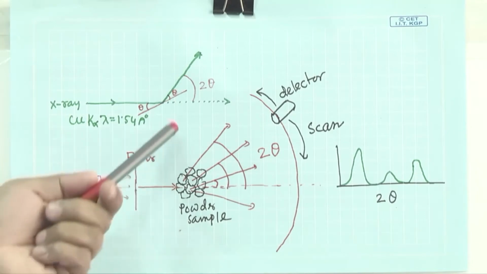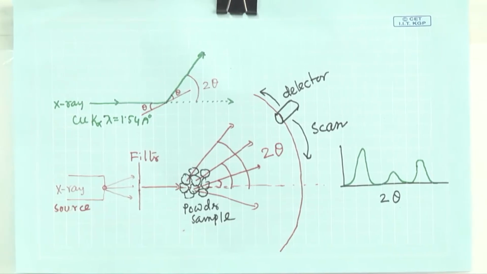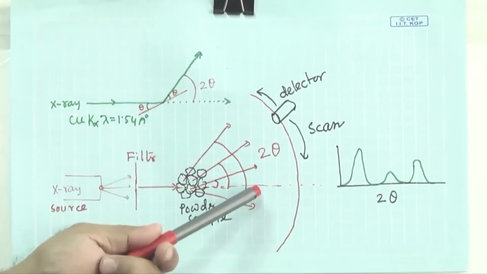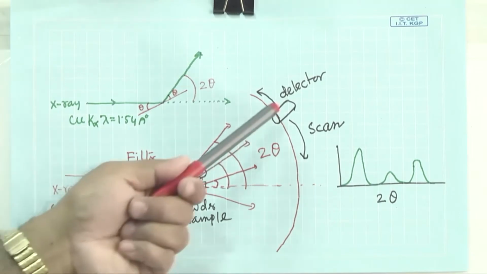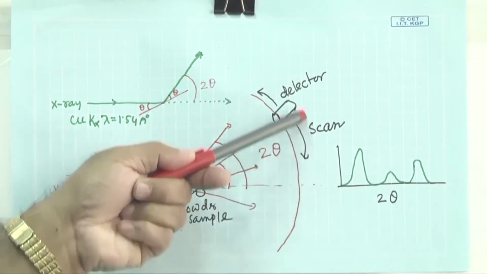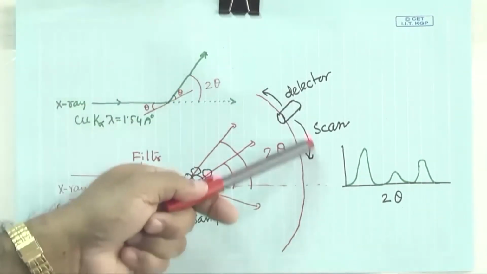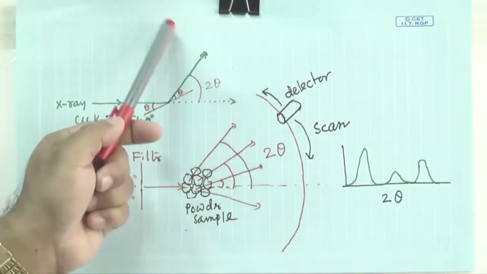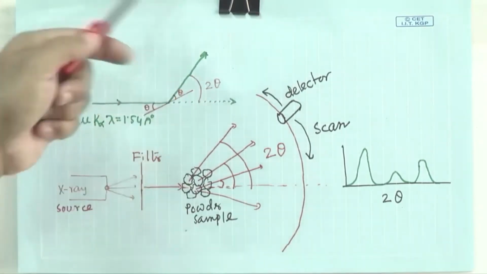Okay. Now, as I told, we do not need to vary the angle of the sample, it is fixed. Now, only to catch this diffracted intensity of X-ray, we use a detector, and that detector we just scan over 0 to 90 degree or minus 90 to plus 90 degree. Okay.